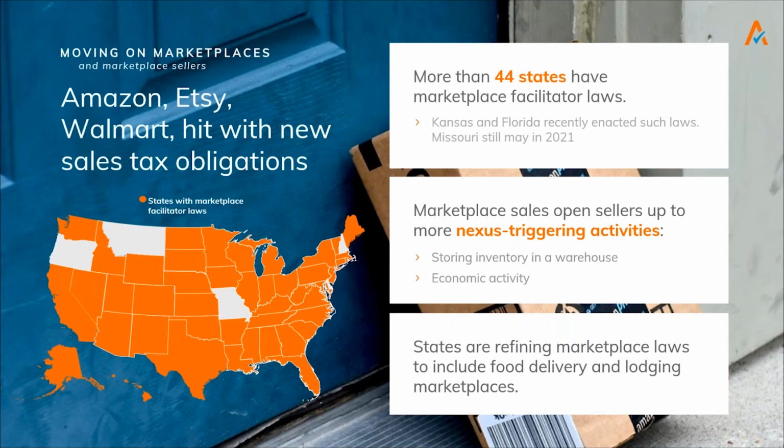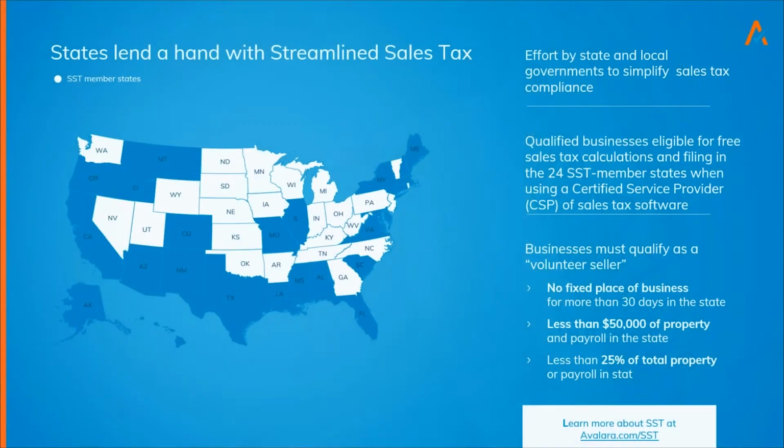And also understanding, is the marketplace in compliance with those laws? And are they actually calculating the correct tax? And are they remitting it for those sales transactions? So if you are utilizing marketplaces, it's really important to understand the components of that contract and how they are participating in supporting the sales tax collection.